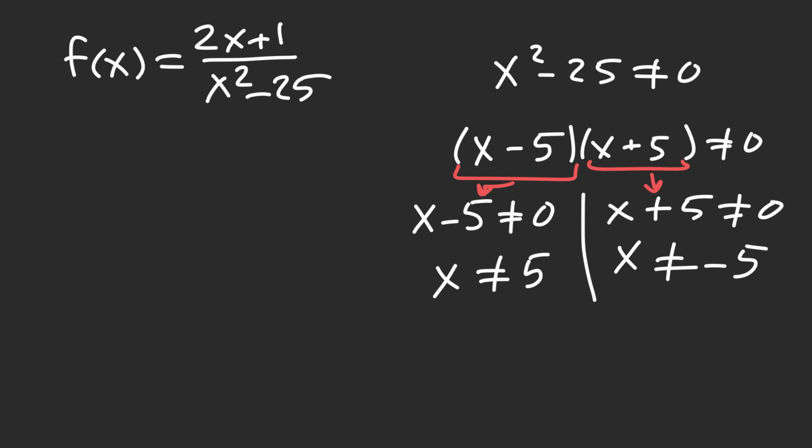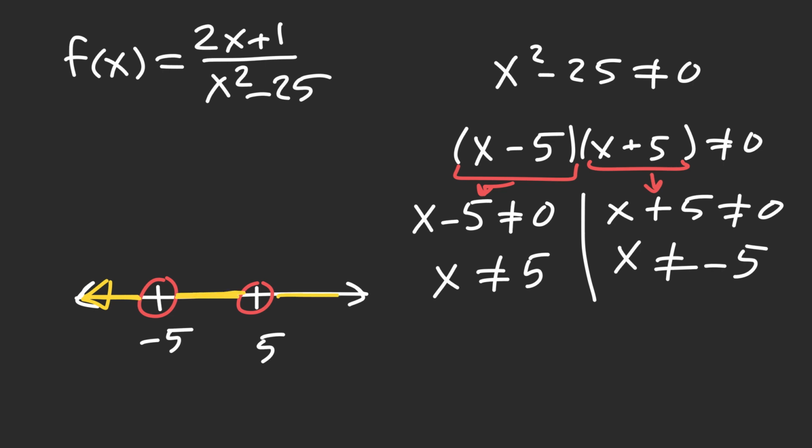Now let us draw a number line. Let us write here minus 5 and 5. We should make open circles here. So the domain will be all the values smaller than minus 5, between minus 5 and 5, and greater than 5. So let us now write it in interval notation.